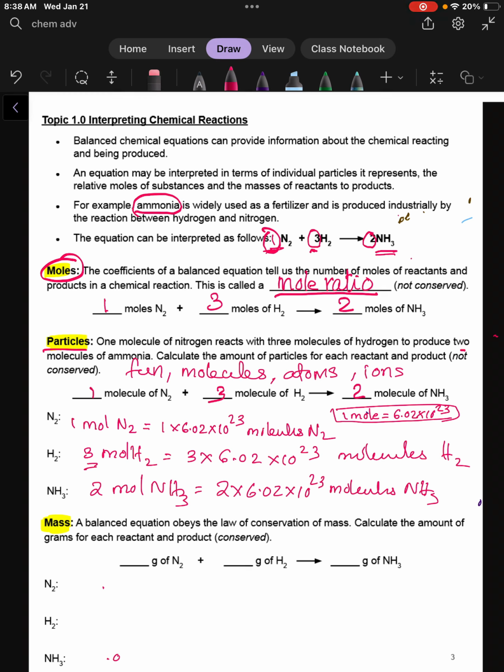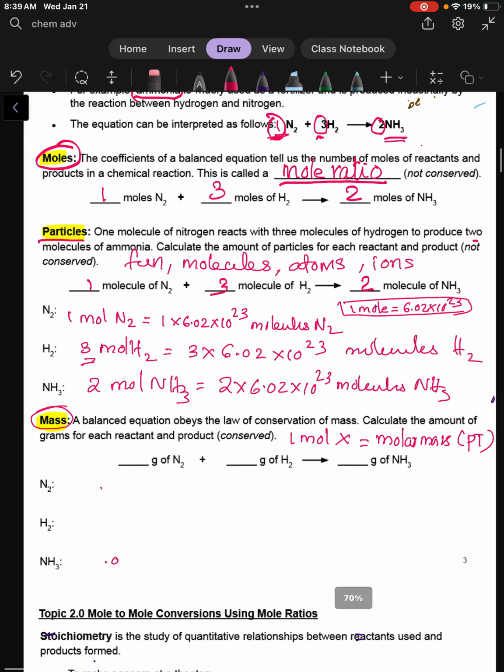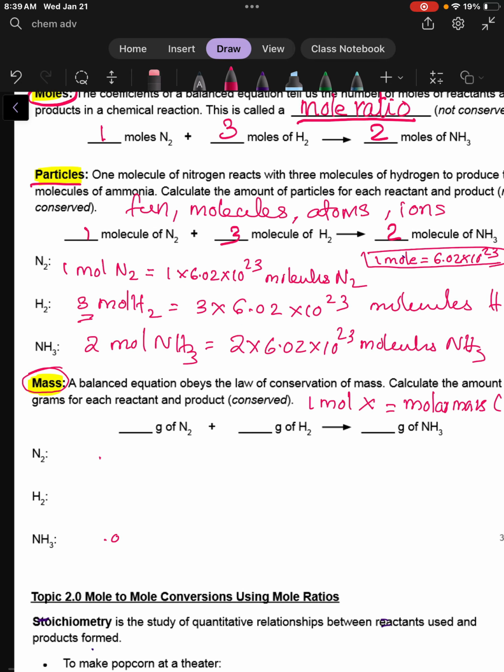Another conversion you are going to see is calculating mass. Remember, 1 mole of X is equal to the molar mass from the periodic table. And we can prove that this obeys the law of conservation of mass in a minute.